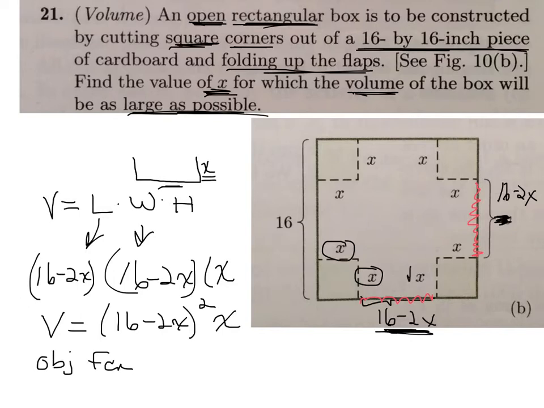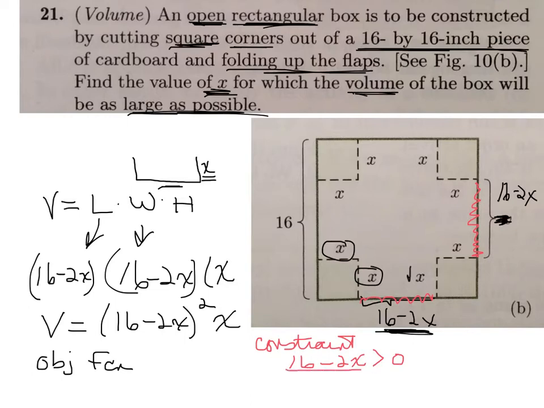Well, let's think about this. If you're cutting your edge, let me talk about constraints using the red. In order to have a box at all, 16 minus 2x has to be greater than 0. Does that seem reasonable? If I have a side of 0, I don't really have a box. So can we divide everything by 2?